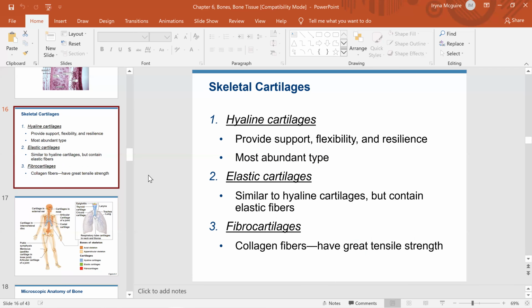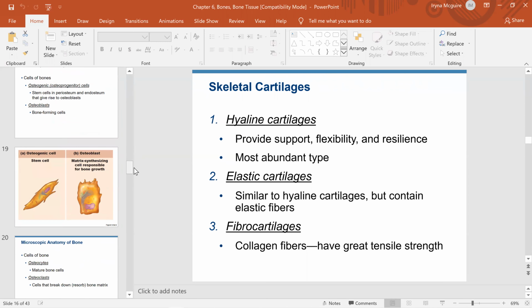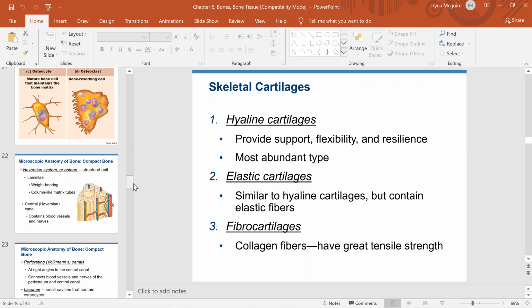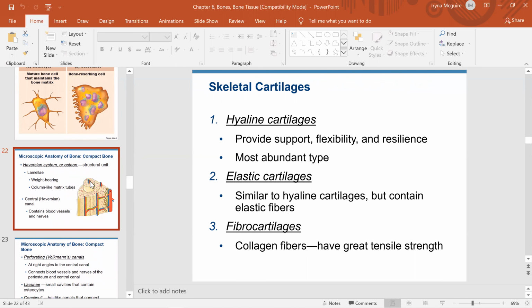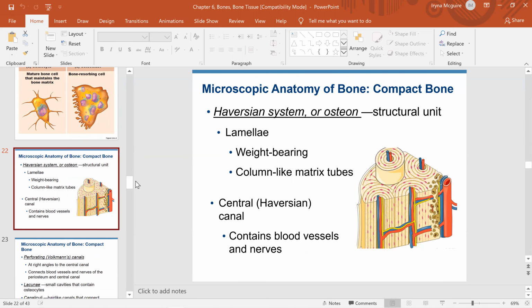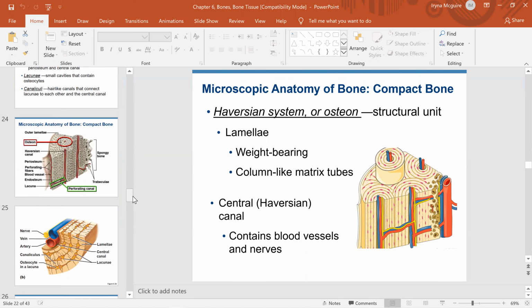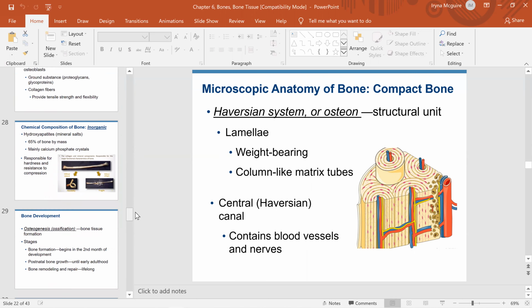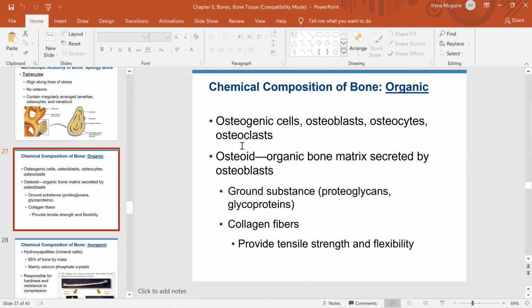Three types of cartilages. We looked at the microscopic anatomy, quickly, different cells, the osteon, and the structure of the osteon. And we talked about the chemical composition of bone, organic and inorganic.